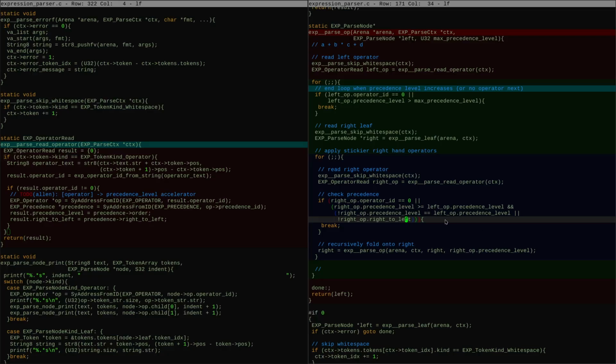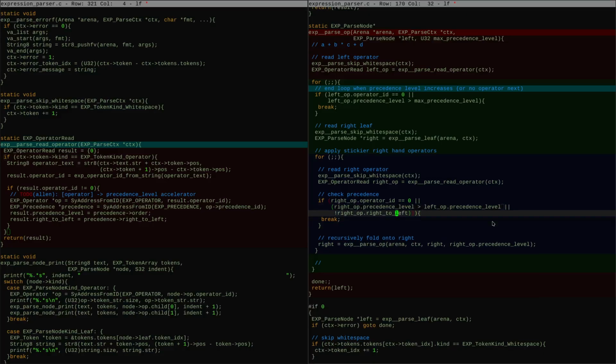If we were to factor it out and combine this and this as an and, it would mean that this becomes greater than precedence level, or they're equal and they're not right to left.